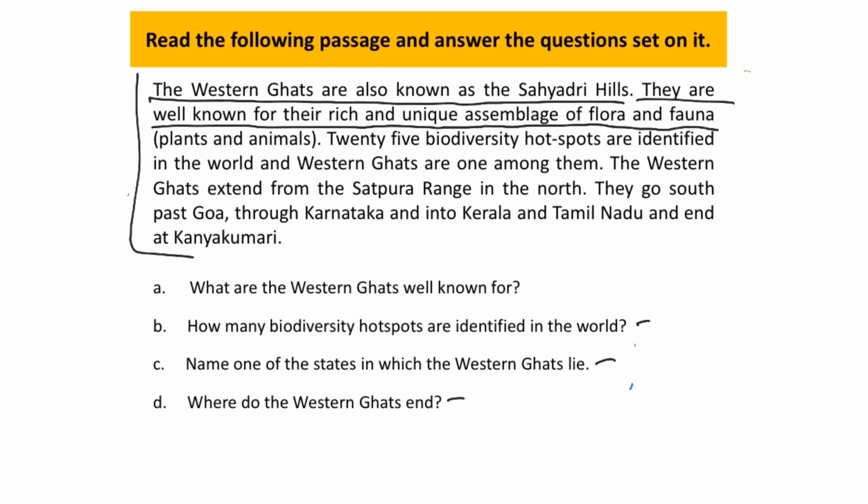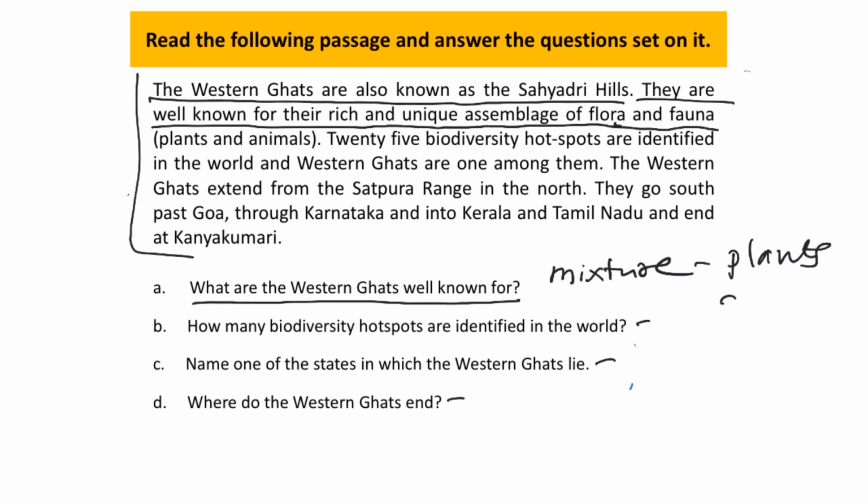Yes. The answer for question number 1. What are the Western Ghats well known for? See, they are well known for their rich and unique assemblage. Assemblage is nothing but mixture. Rich mixture of flora and fauna. So, what is flora? Flora means plants and fauna means animals. So, different kinds of plants and unique animals are found in that particular area.